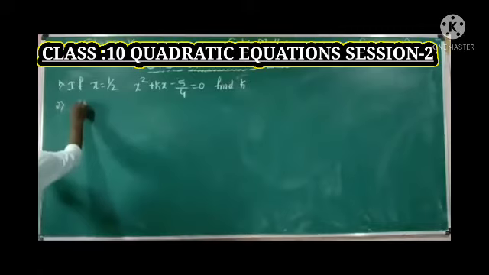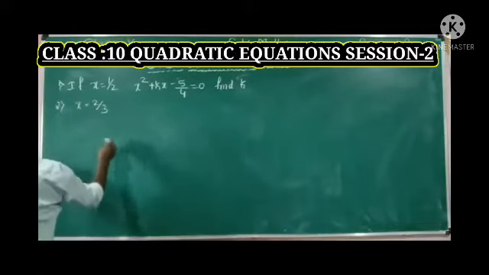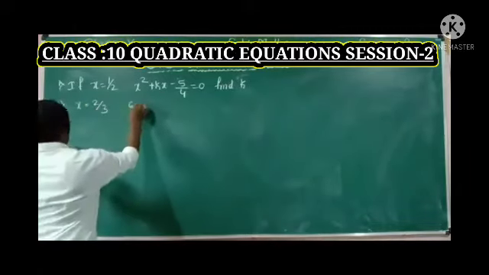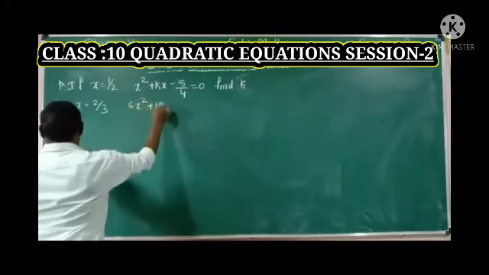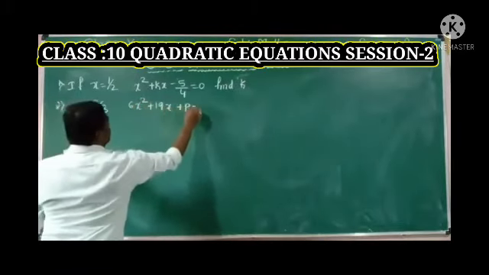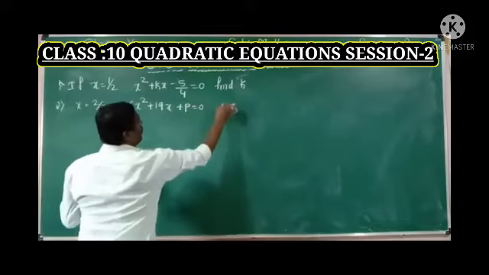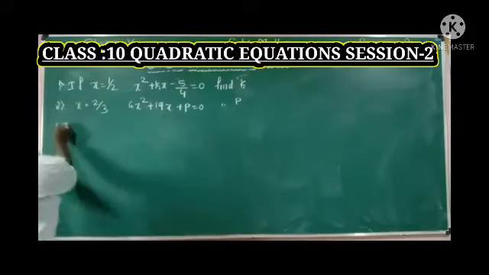Second one, x value is 2 by 3 and the given quadratic equation is 6x square plus 19x plus p is equal to 0. Here you need to find the p value.